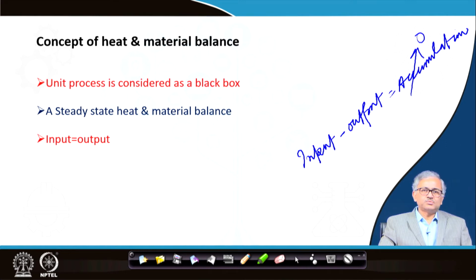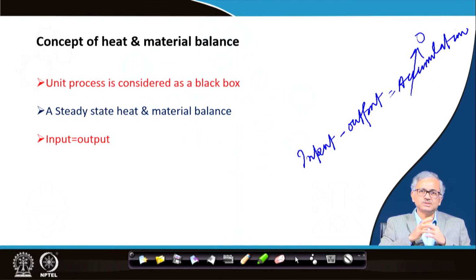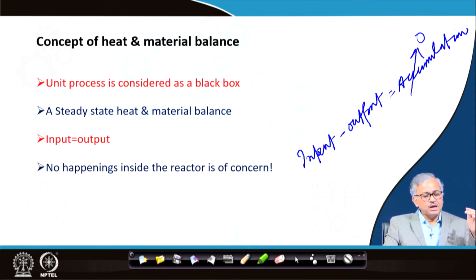For example, if something is coming in and something is accumulating inside, and a part of it is going out, then you cannot equate input to output, because something is accumulating inside because of the transient nature of the process. The transient nature of the process we will not discuss; it is a perfectly steady state heat and material balance, so you have to understand that. Finally, what is happening inside the reactor is of no concern here.